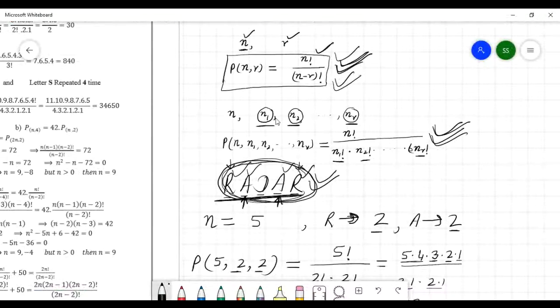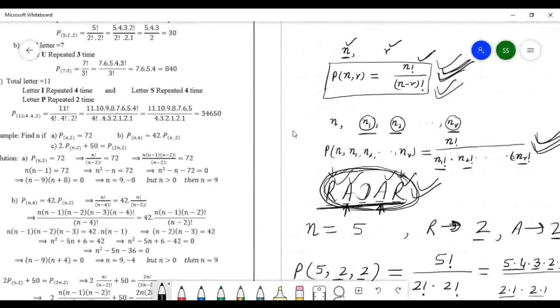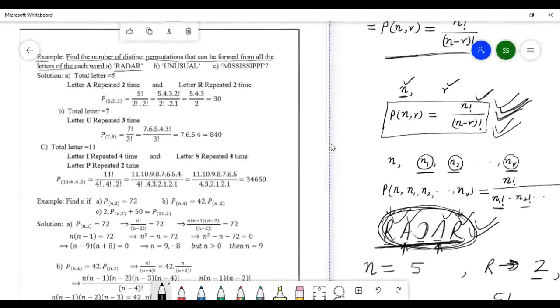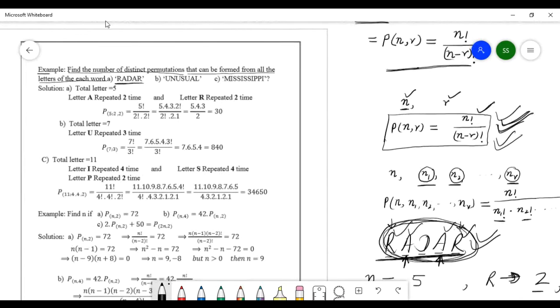Now come to the next question. See this here. Next is unusual. Number B is unusual. See this. This is repeated or not? Here you repeated.